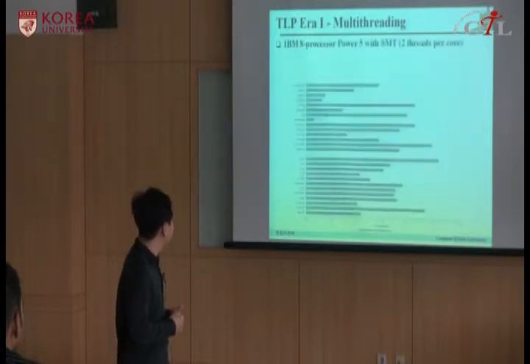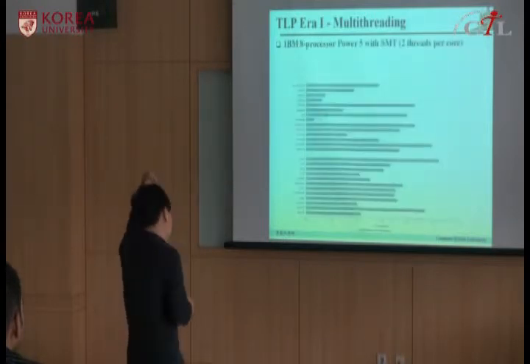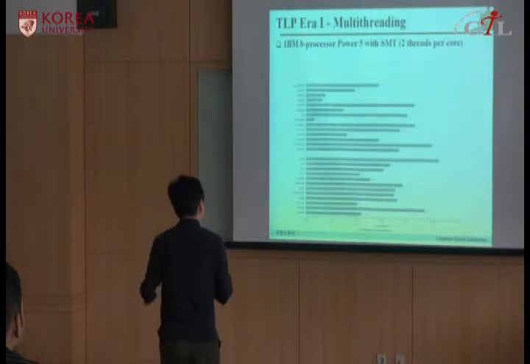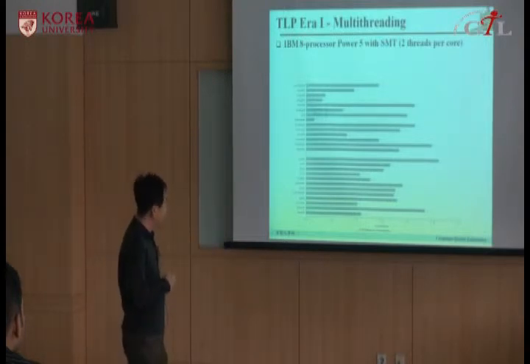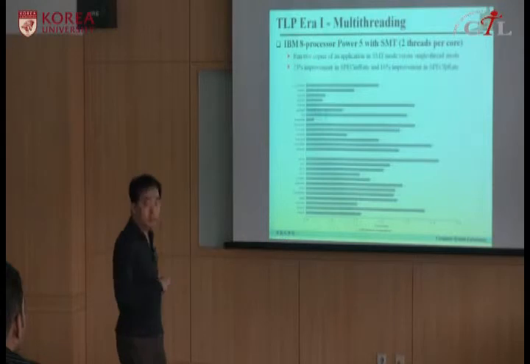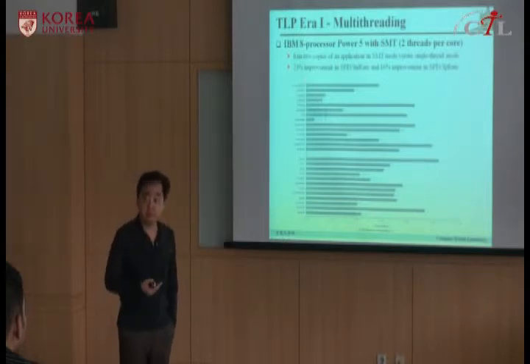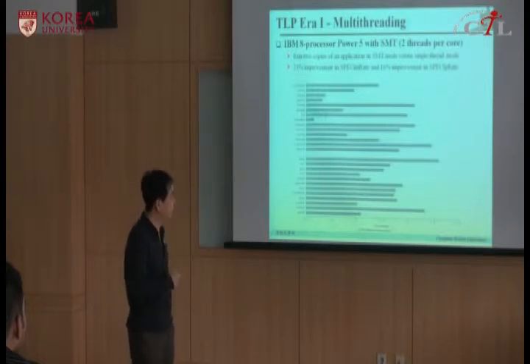This is the result from IBM Power 5. They have SMT with 2 threads active. If you run 2 identical copies of the same application in SMT mode, multi-threading mode, then for integer benchmarks you can improve performance by 23%, and for floating point, about 16%.